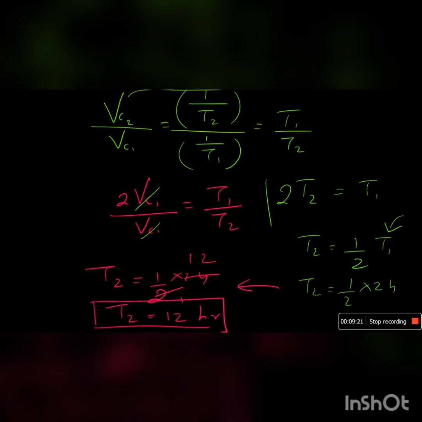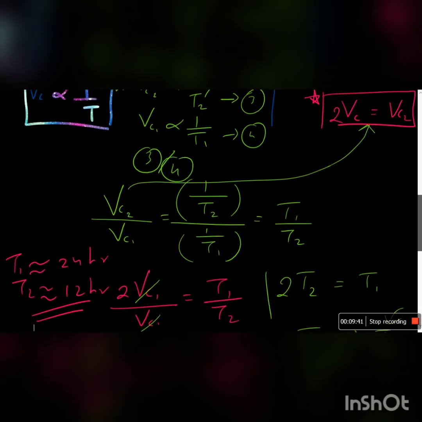Why approximate? Because T1 was approximately equal to 24 hours, so T2 is approximately equal to 12 hours. This is an easy way to solve this. One more method is there, but it's quite tricky. So better we'll go with this.